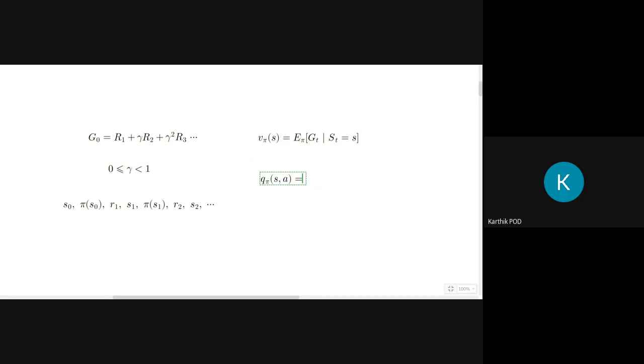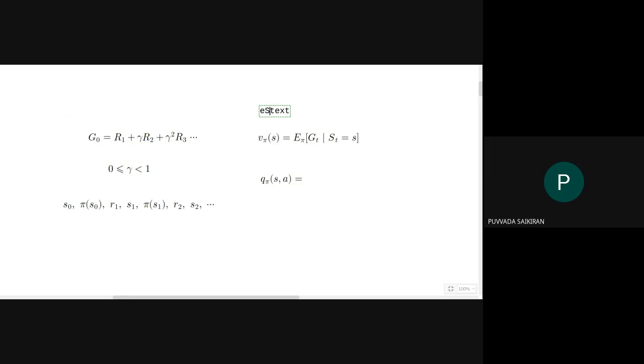The states, actions, rewards, along with the transition probabilities, make up the MDP. And what we are trying to do is add a few more constructs on top of the MDP. So the value function, this is called the state value function.